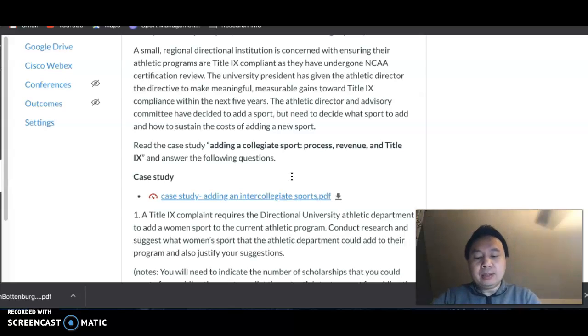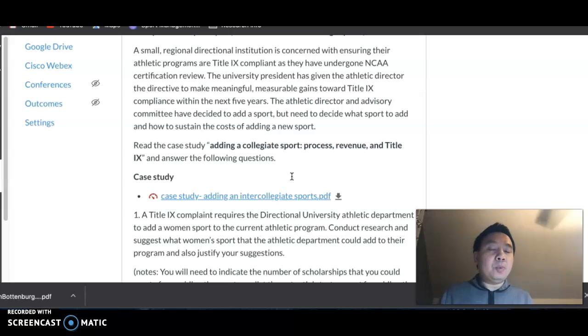Actually, in this case, before they made these decisions, the athletic department from that university surveyed the female student athletes and local high school female students and asked them about their interest. After the survey, a lot of people recommended softball, and some people recommended rowing, swimming, lacrosse, skating.